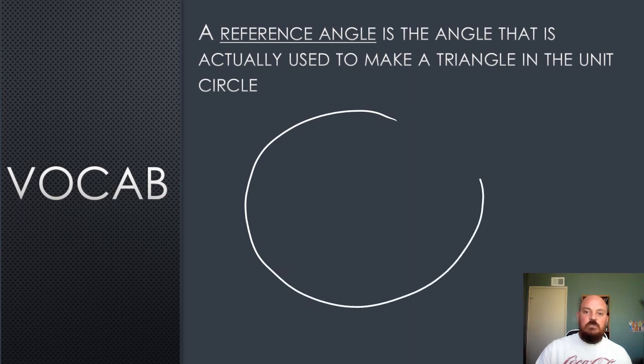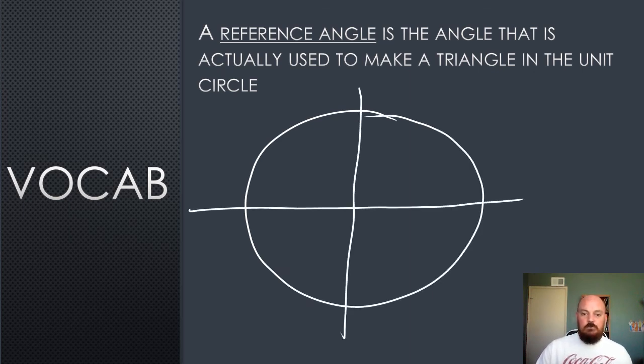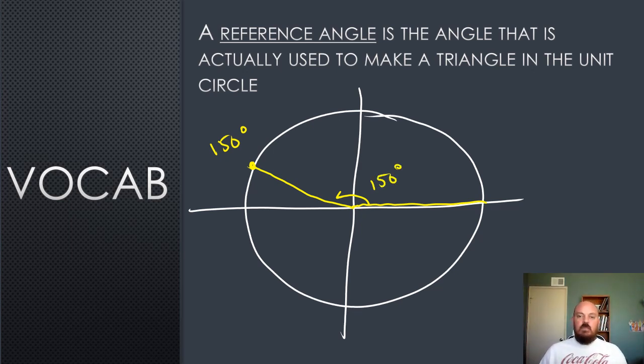Say this is my unit circle, and let's say we're doing the angle 150 degrees, which is right here. This angle right here is 150 degrees. But when you're finding that point, what you're actually using is this triangle right here.